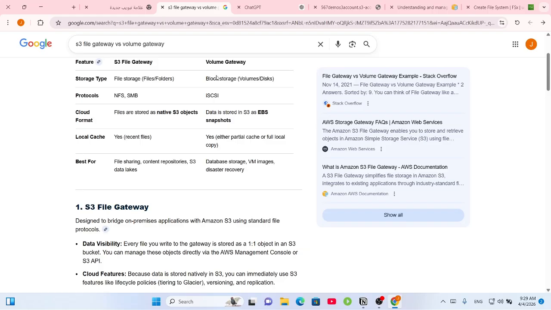Volume Gateway is block storage. This is the difference. It uses volumes and disks, uses iSCSI. Data is stored in S3 as EBS snapshots.